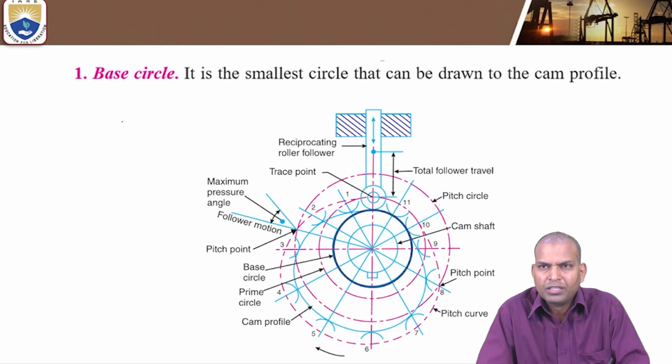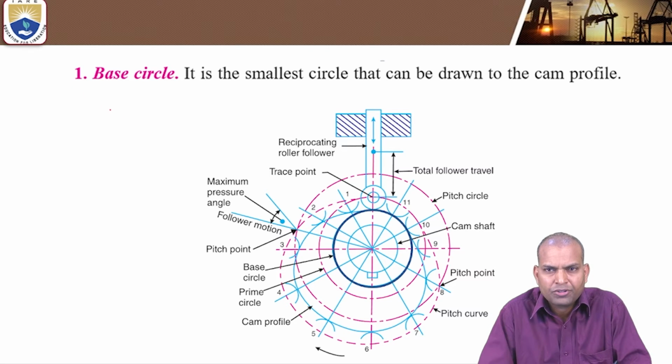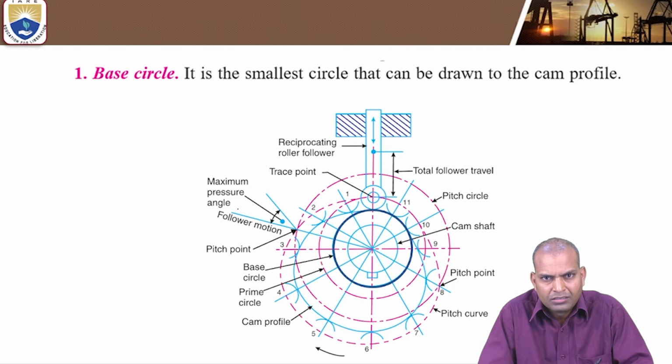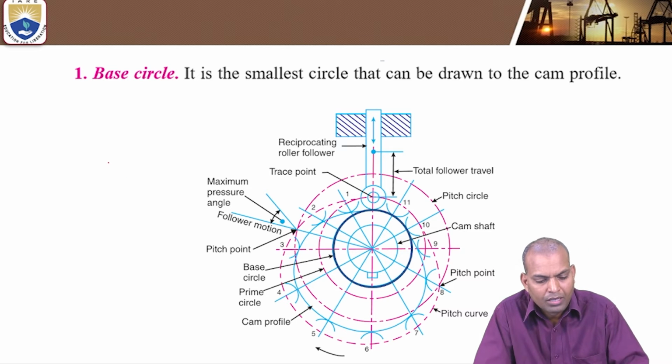The base circle is the smallest circle that can be drawn to the cam profile from the center of the cam. It is the reference circle for drawing the cam profile diagram, and it is drawn using the minimum radius of the cam.